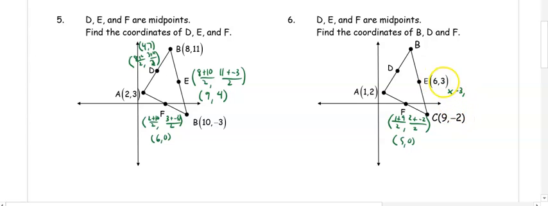And to get from negative 3 to 5, our y coordinate added 5. So if we take the coordinates that E has, and we do that again, 6 minus 3 gets us an x coordinate of 3. 3 plus 5 gets us a y coordinate of 8. And then we can do our midpoint to get D. So 1 plus 3 divided by 2, 8 plus 2 divided by 2 would get us a coordinate of 2, 5.